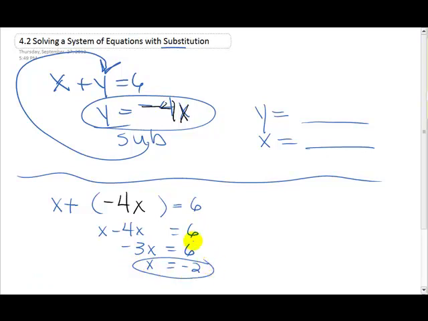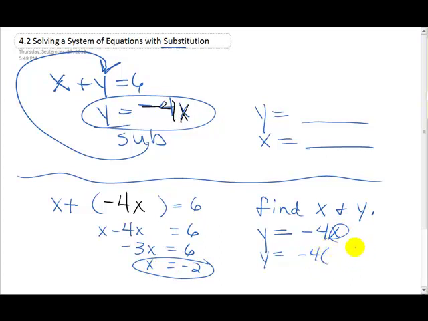Now we know what this number is, but we've got to find y also. So we have to find x and y. Well, it tells us that y equals negative 4x. So now we'll substitute this for the x.